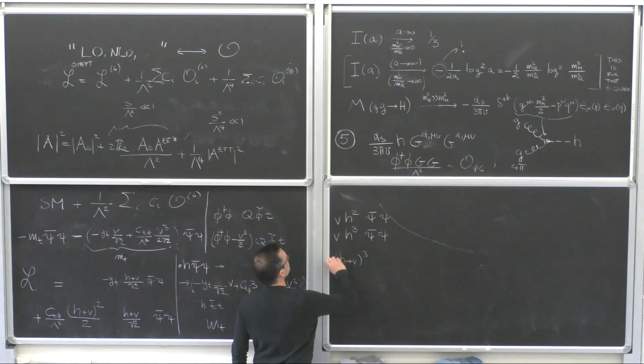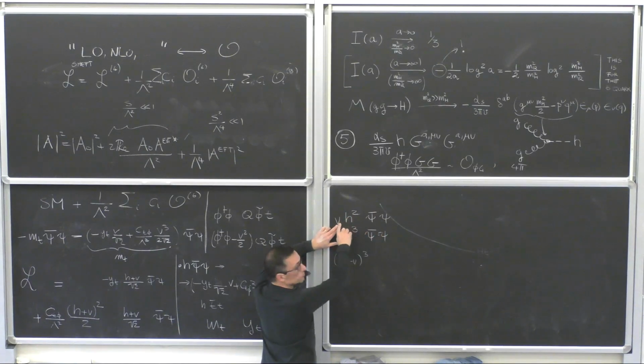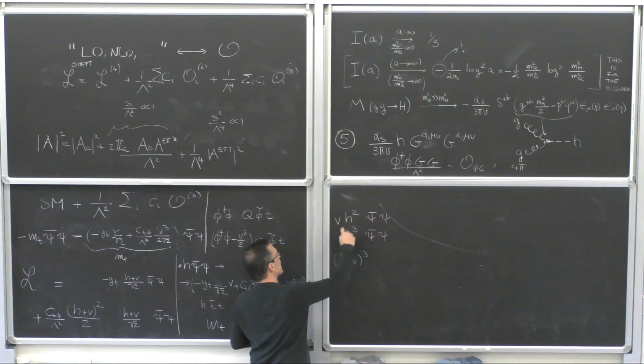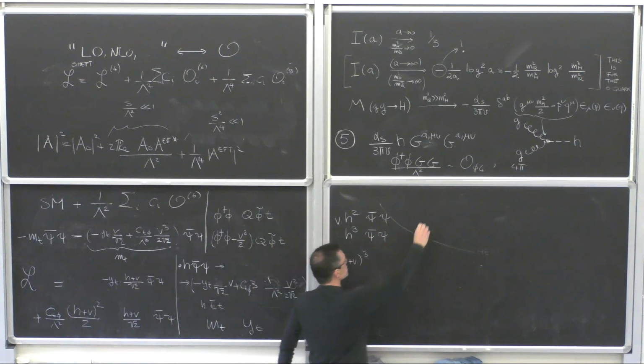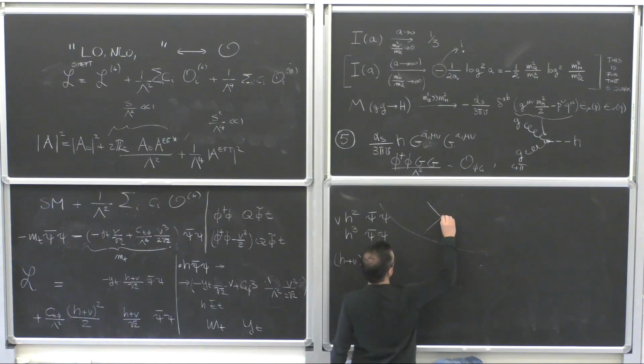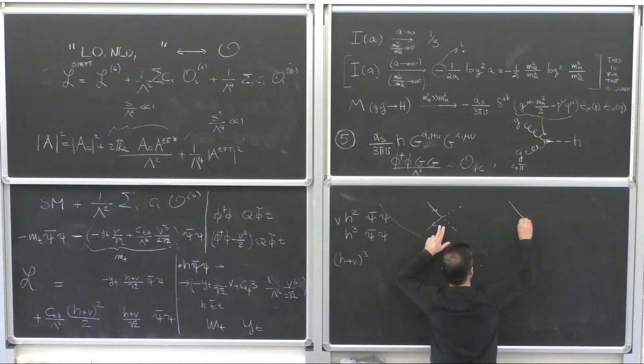So here you have no power, so this is dimension 6. This is dimension 5, so you have one power of v in front, and so on. So you have two other terms, and these interactions are not there in the standard model, they are new interactions, because you see, this dimension 5 doesn't exist in the standard model, but you also have this one.